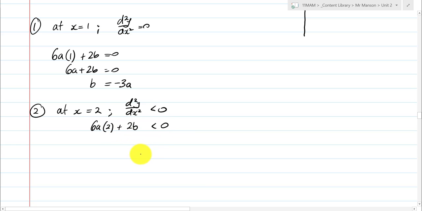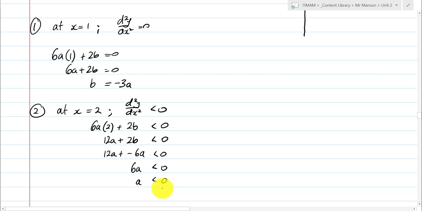And that means that 12a plus 2b is less than 0. Now I know my value of b is negative 3a, so it means that 12a plus negative 6a is less than 0. And that tells me that 6a is less than 0, which tells me that a is less than 0.